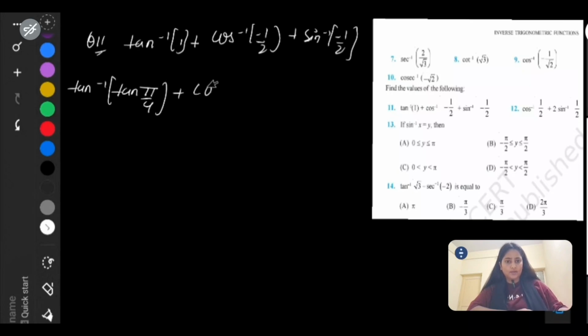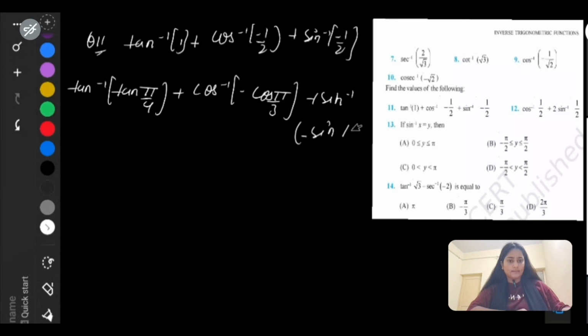Now for the second, cos inverse of minus, and cos 60 is equal to 1 by 2, so we can write minus of cos pi by 3. And sine 30 is equal to 1 by 2, so sine inverse, bracket sine minus pi by 6.